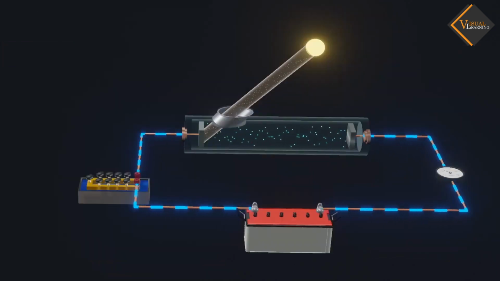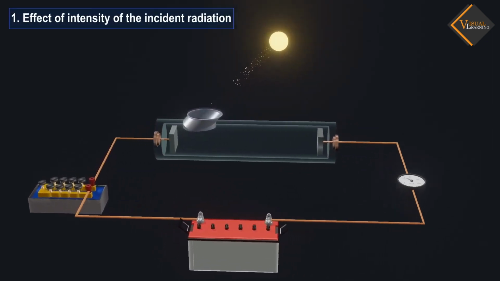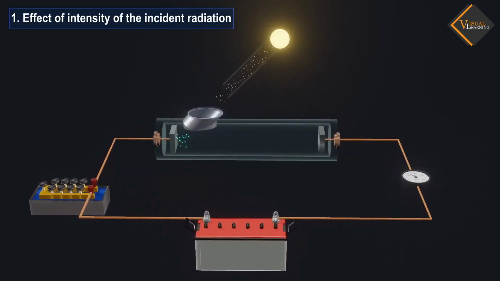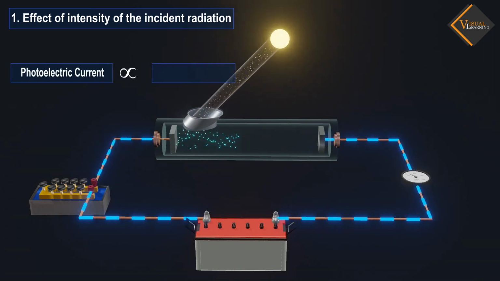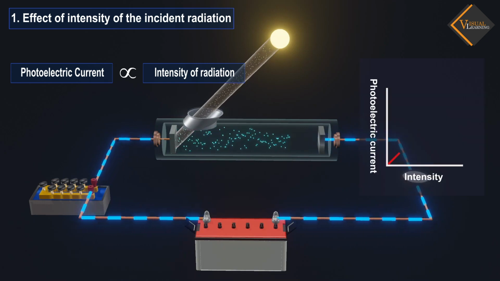Let's now understand how these factors affect the photoelectric effect. Effect of intensity of the incident radiation. It was found in this experiment that the photoelectric current is directly proportional to the intensity of radiation. This means that the higher the intensity of radiation, the higher the generated photoelectric current.